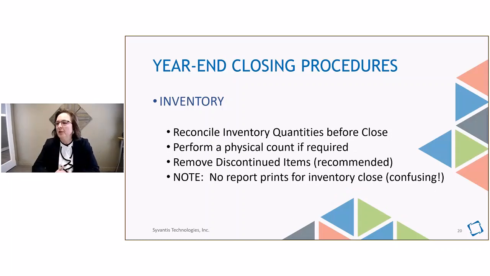So what you're going to do with inventory is reconcile your inventory quantities. Remember earlier in this session I talked about reconciles and the procedures for reconciles of each module in GP. In inventory routines, there's something called reconcile inventory.